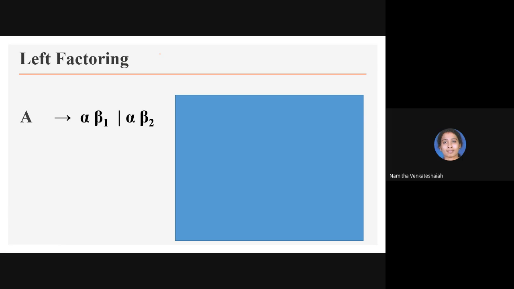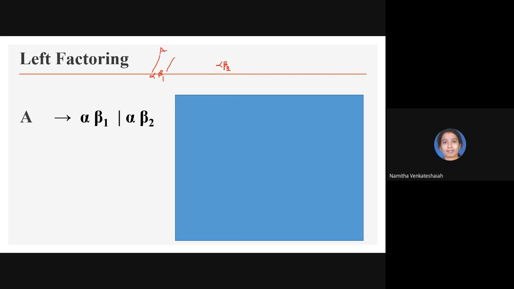Okay, so from A, I am supposed to produce the grammar alpha beta 2. But since there is a match with the first literal, if I substitute that with alpha beta 1, then what happens? I have to backtrack.